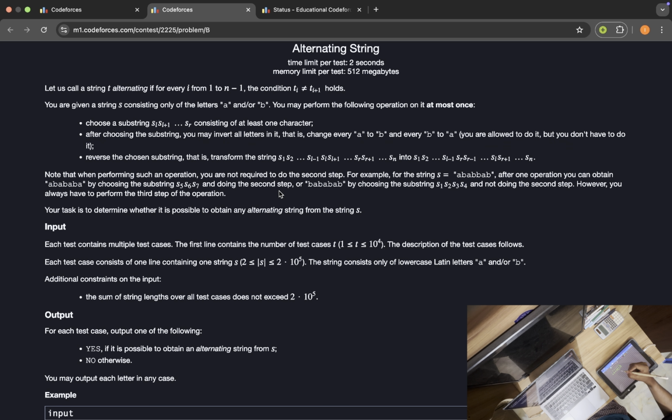If I reverse it, A B A, reversed it's the same, A B A. And by choosing the substring 1 2 3 4, this part, and not doing the second step. The second step is reversing, so just doing this. However, you can, okay.